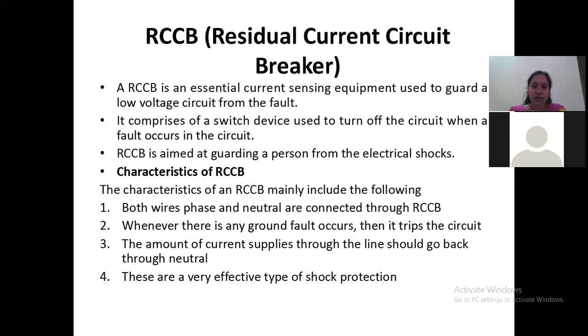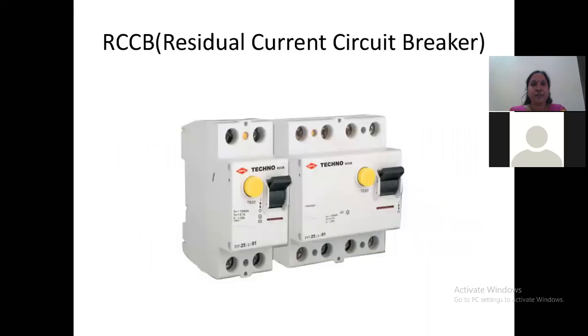So these are very effective types of shock protection devices. So this is how RCCB looks like. Usually in our household, for the connection of the motors, pumps, we are going to use such RCCBs.